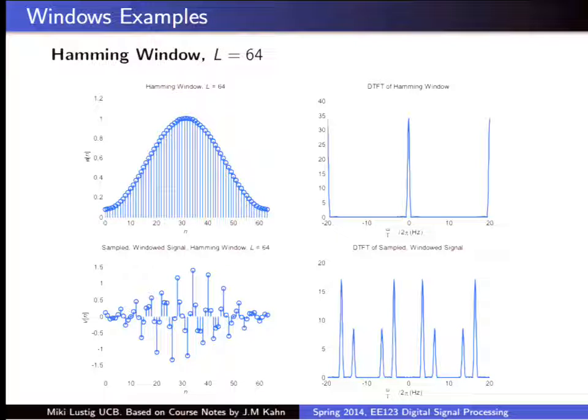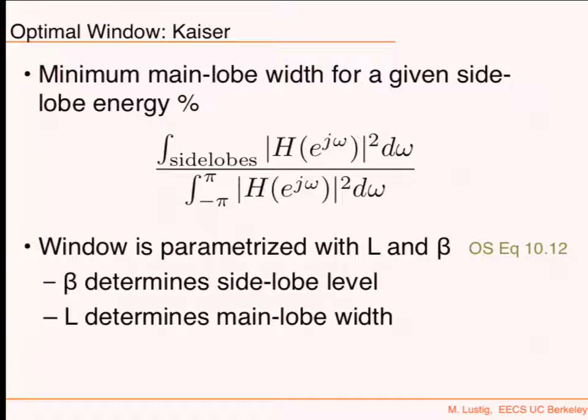Now, these are all just ad hoc windows, but there are also other windows that people have developed which are more optimal. For example, the Kaiser window is designed to have a minimum main lobe width for a given side lobe energy percentage. So it minimizes the energy over the side lobes divided by the total energy.